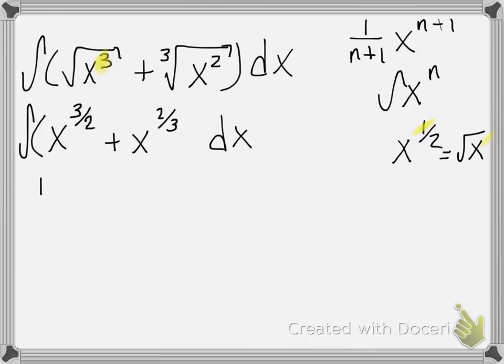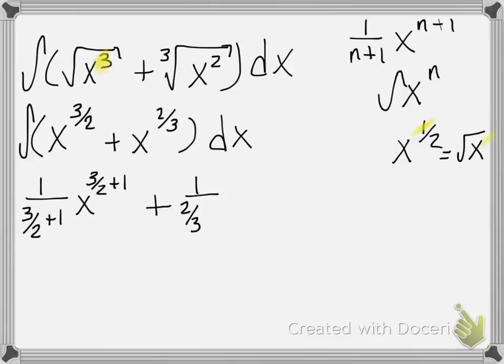So now it should be pretty simple to start taking the integral. That's going to be 1 over 3/2 plus 1 times x to the 3/2 plus 1, plus 1 over 2/3 plus 1 times x to the 2/3 plus 1.